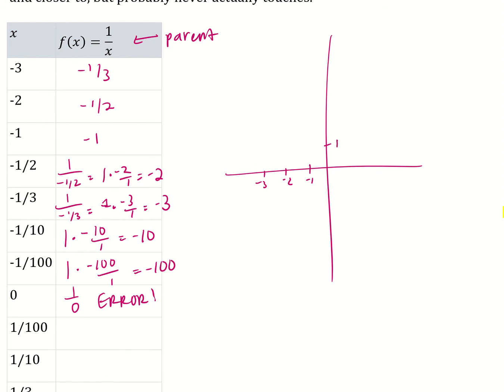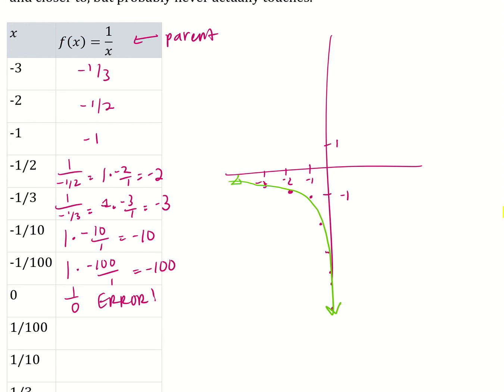Got these in the wrong quadrant, don't I? So for the x value -1/2, we're at the y value -2, and then they get closer and closer and closer and closer to the y-axis. This is creating our vertical asymptote.